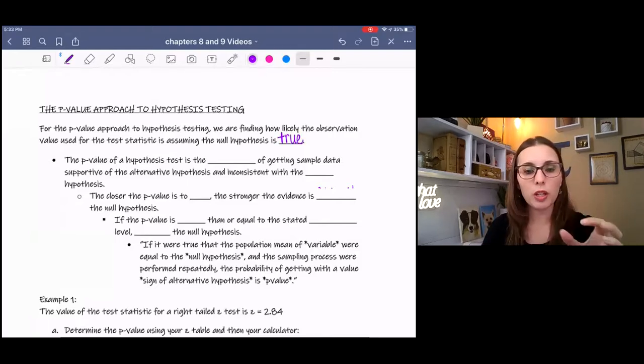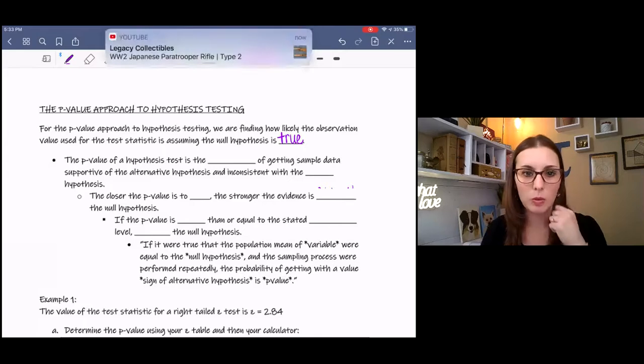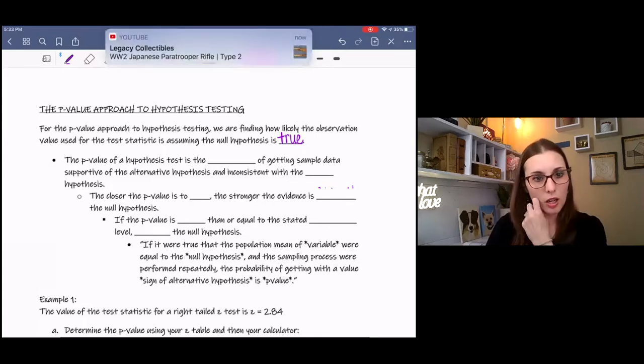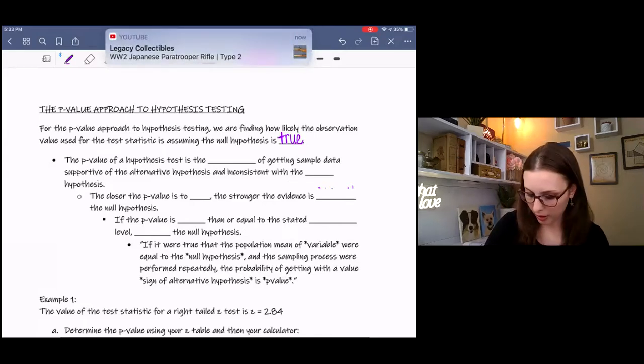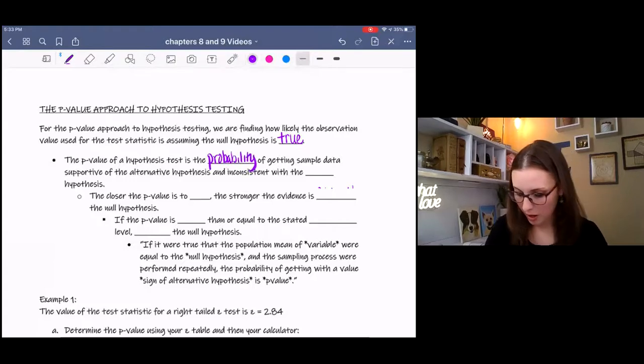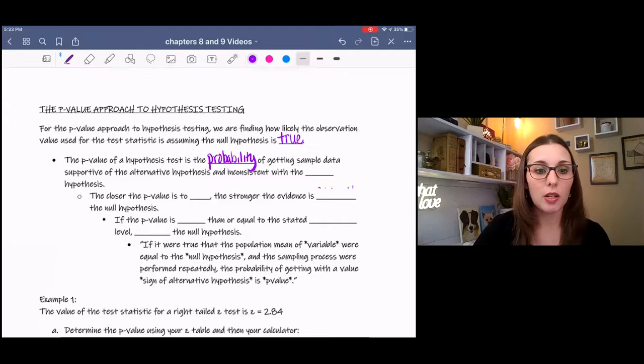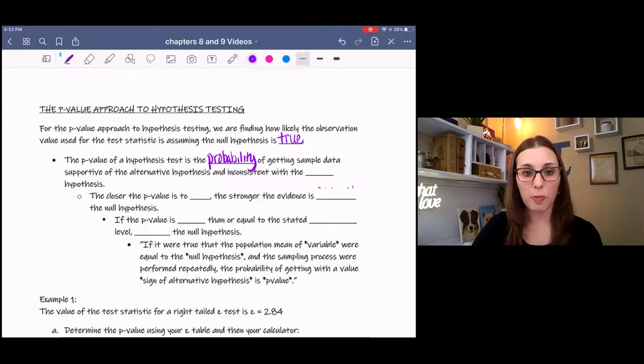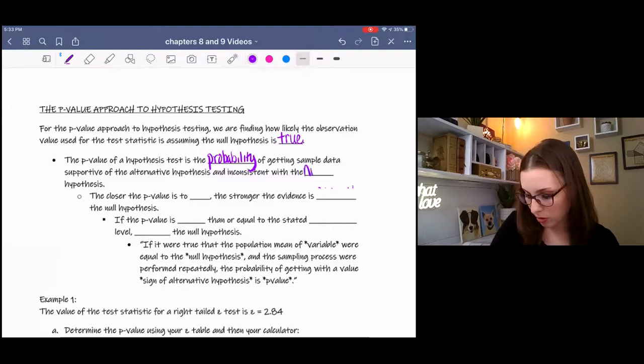And when we're looking at how likely something is, we're actually looking at the probability of getting sample data supportive of the alternative hypothesis and inconsistent with the null.